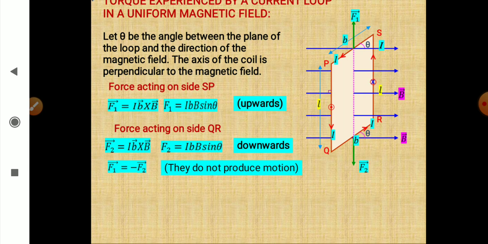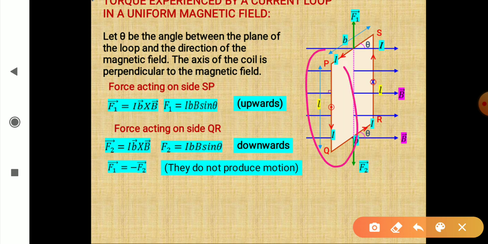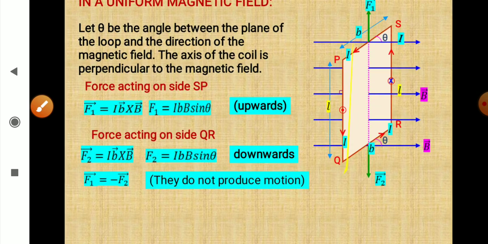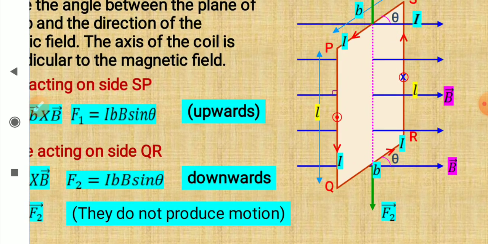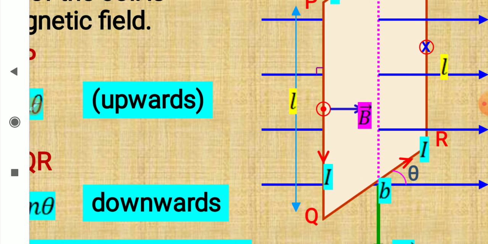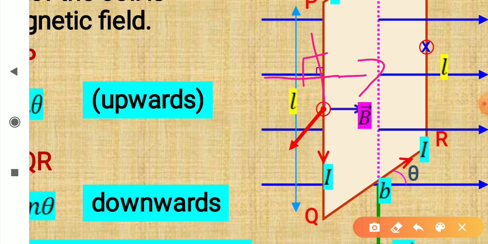Now we'll try to find out force on the remaining two sides. So let us have a look at them now. See, the magnetic field at this point is along this direction, and here the angle between this magnetic field and the length is 90 degree. The angle between L and B is 90 degree, right?